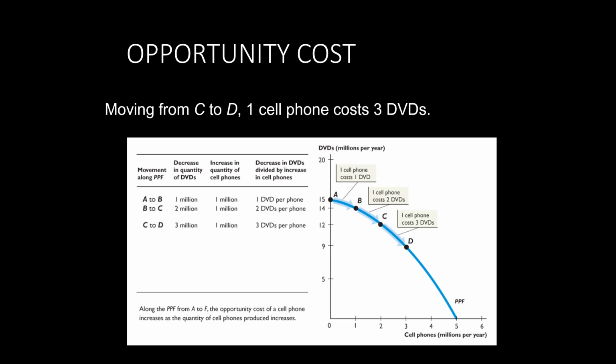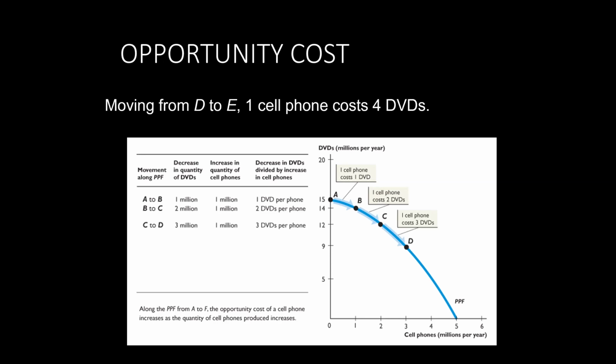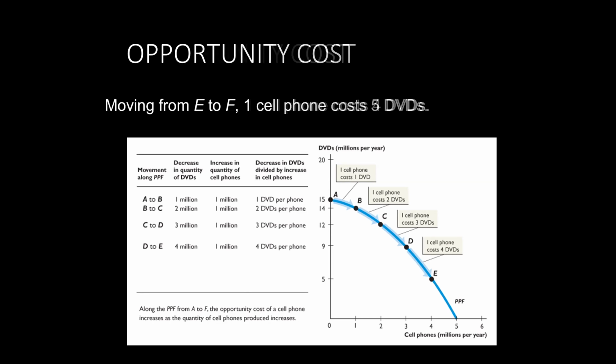In this case, the opportunity cost of one cell phone is equal to 3 DVDs. If we move from point D to point E, the opportunity cost is now 4 DVDs per cell phone. And finally, if we move from point E to F, the opportunity cost is now 5 DVDs per cell phone.